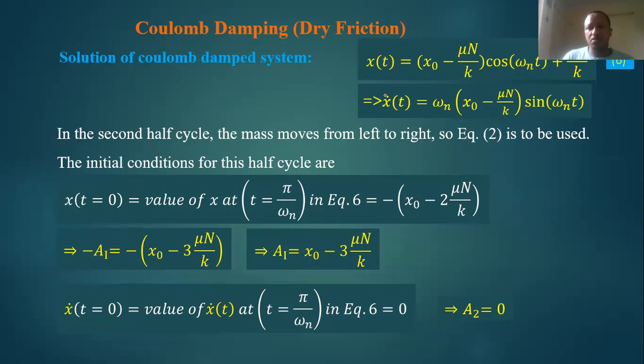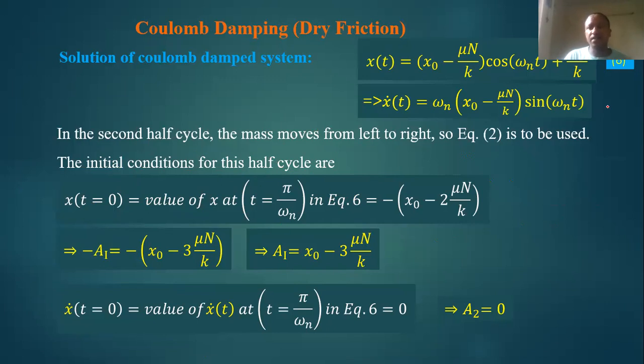So this is our equation. This is the equation for the velocity. In the second half cycle, the mass moves from left to right, and the equation is to be used. The initial conditions are the same, we use the same initial condition. Actually, the initial condition will change here. Why? Because x of t is equal to the value of x at t equal to pi over omega n.